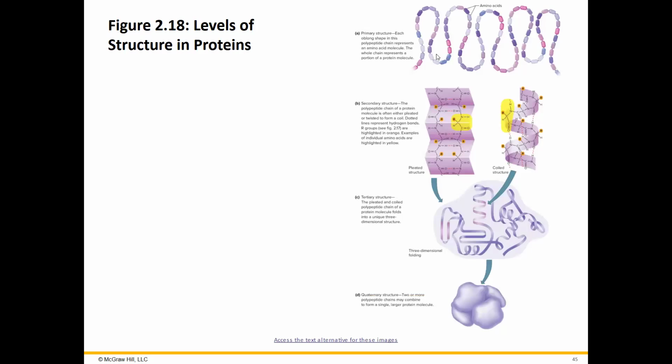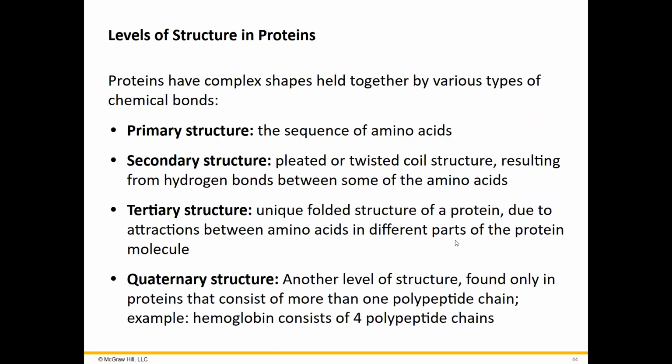It started like this. And then some of the hydrogen bonding caused some of these, oh, look at that, a coil. Oh, that zigzag, maybe that's a pleated sheet. And now it starts really wrapping and getting all congealed. That's your three-dimensional folding. Three-dimensional folding, tertiary structure.